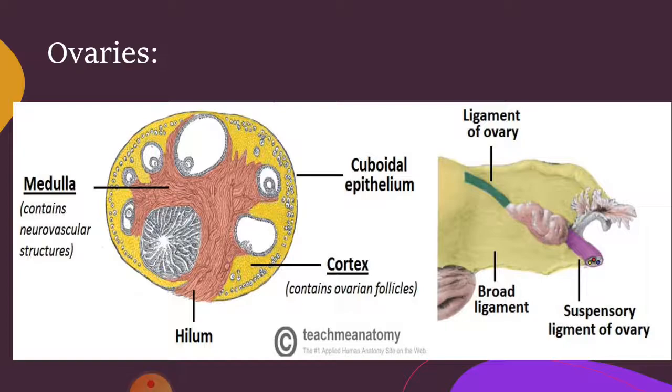Just remember that when a female ovulates at 14 days, then each follicle will release an egg that will be ready to get fertilized, and if fertilization does not occur, then the menstruation will occur by 28 days. I am talking about a normal 28-day menstruation cycle.